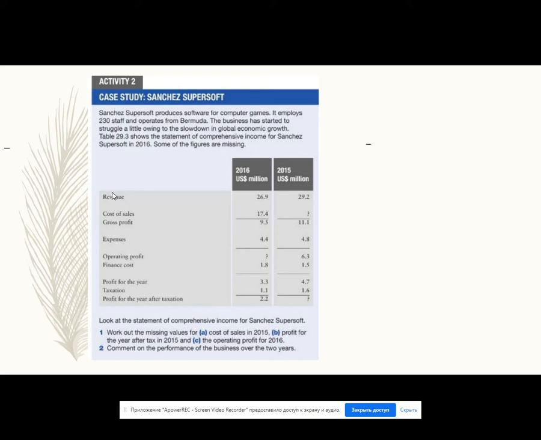We also have to know that there are different types of costs or expenses. Cost of sales, which is raw material, expenses, administrative, marketing, selling, finance cost, which is interest you pay to the bank, and tax, money you pay to the government.